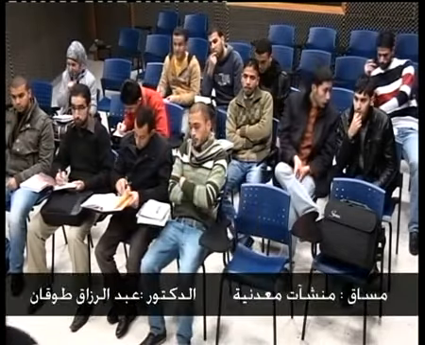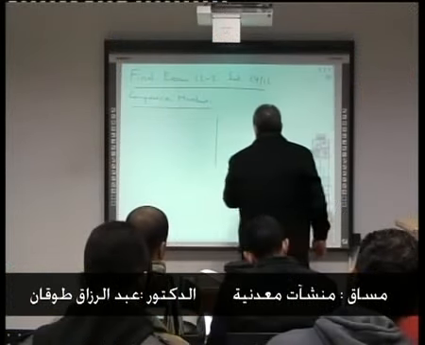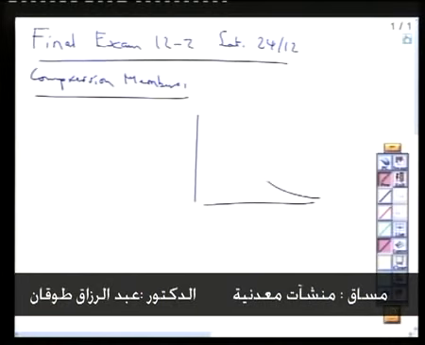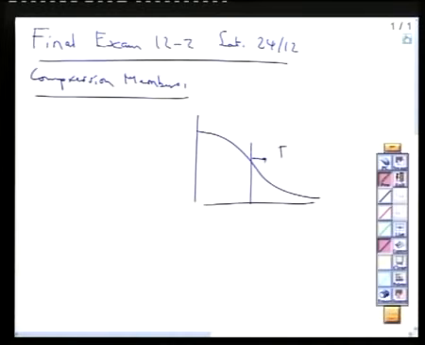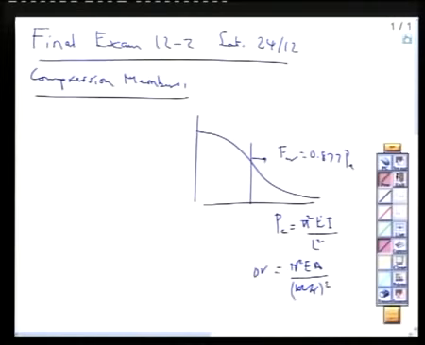Concerning overall buckling, we derived two equations. One in the elastic range, where F critical equals 0.877 P Euler, and P Euler is pi squared EI over L squared, or P Euler equals pi squared EA divided by (KL over R) all squared.